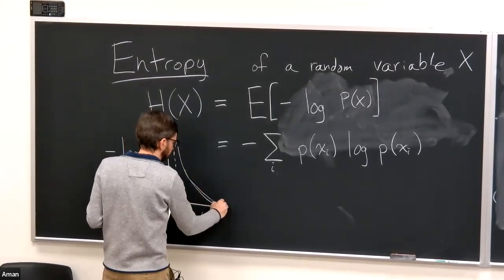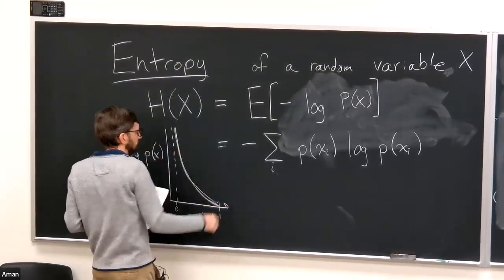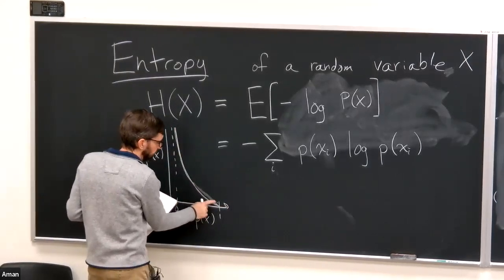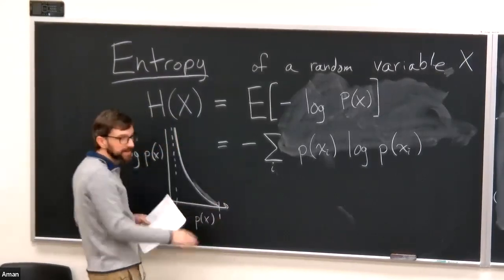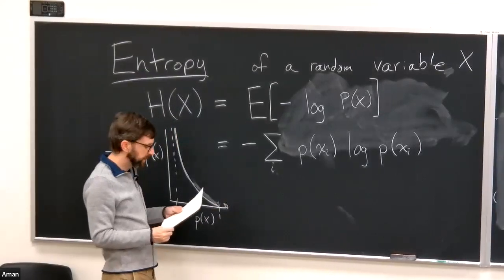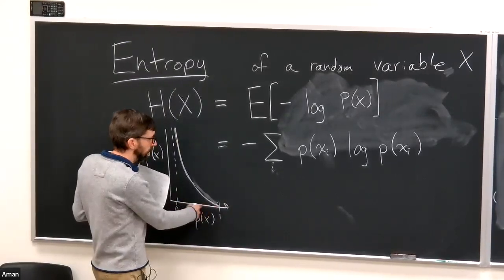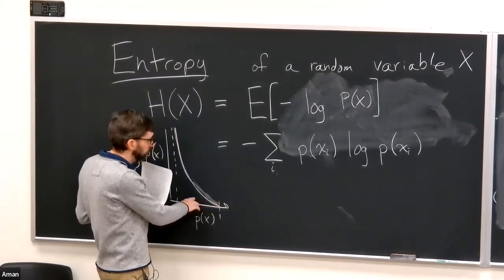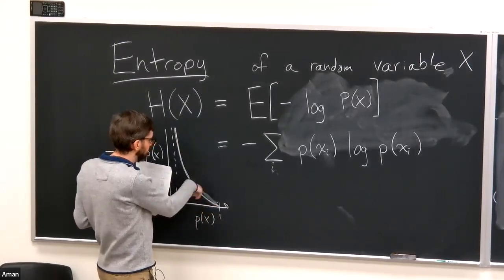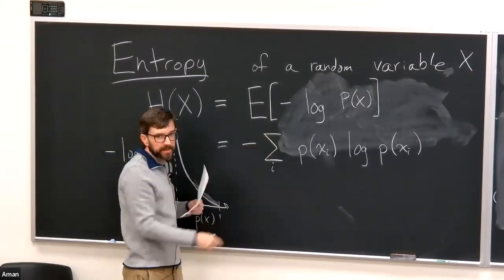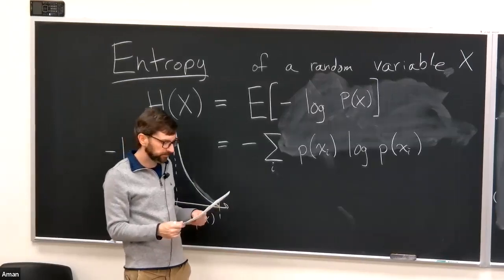But you have this kind of picture. That's minus log of p. And so as I have outcomes with various probabilities, I'm going to evaluate minus log of p of x and sum that all up.